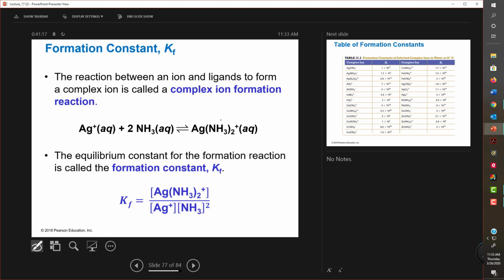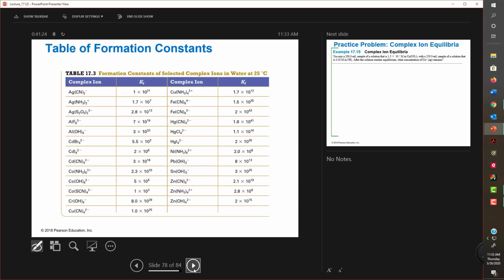If Q is less than K, the reaction goes in the forward direction. Same thing. So here are the formation constants of many complex ions. So there's the ammonia, and you can see right off the bat, this substance wants to form, right? Look how big the formation constant is.